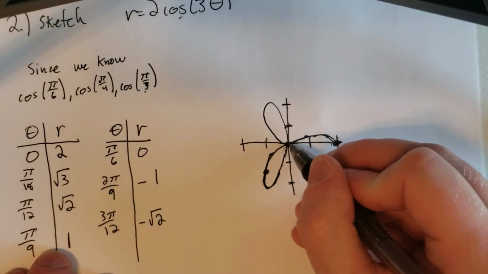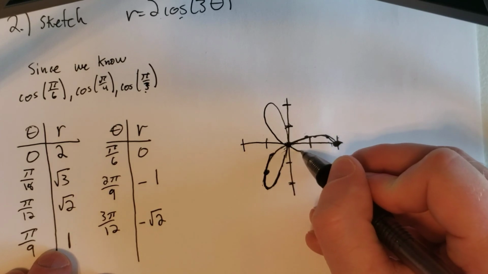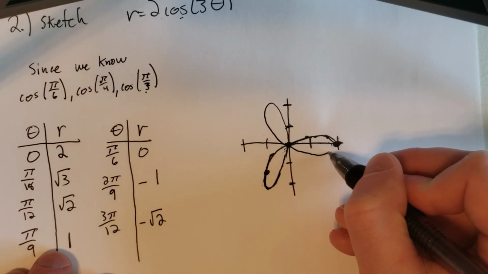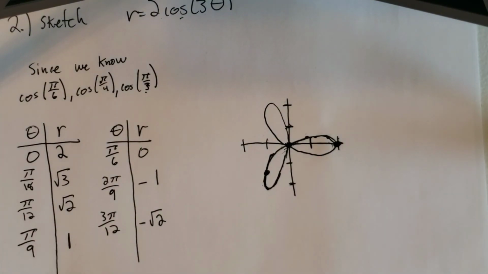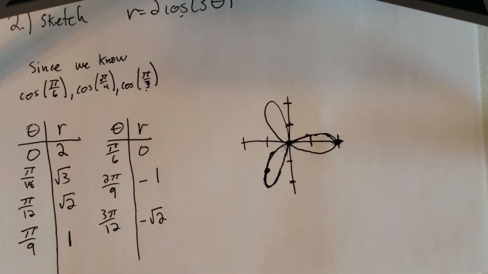And then this will finally curve back and give us the bottom arc of the leaf on the right. And we have sketched the 3-leaf rose. That's it for the questions that I want to cover from section 8.2.